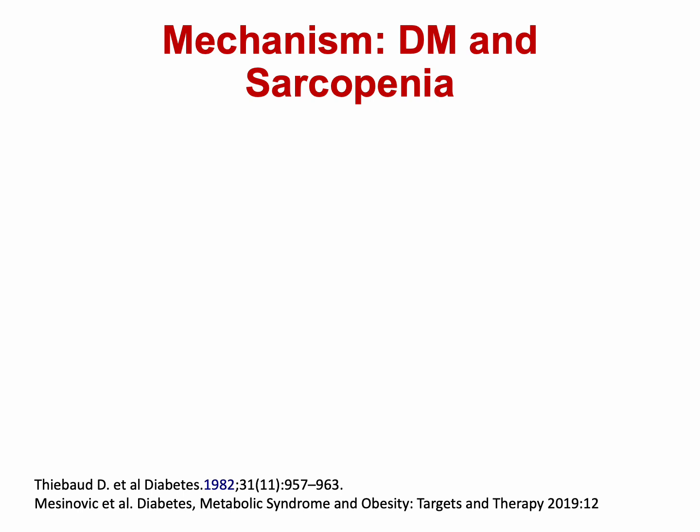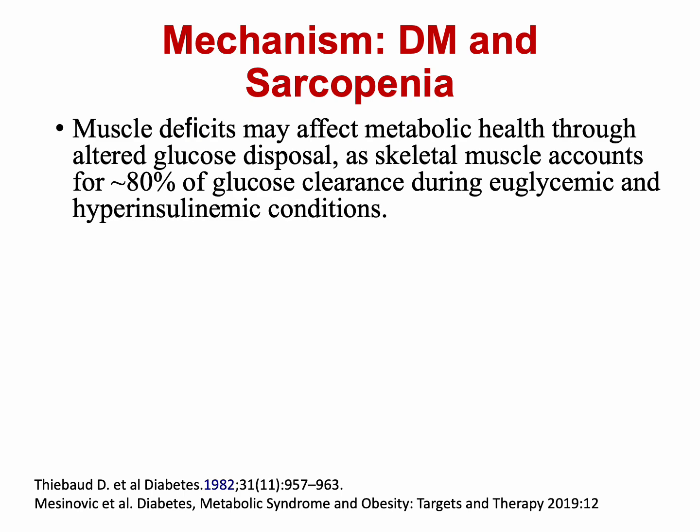Now let's go to the mechanism of diabetes and sarcopenia. So what are these mechanisms that lead to both sarcopenia and diabetes? Number one, muscle deficit may affect metabolic health through altered glucose disposal, as skeletal muscle accounts for approximately 80% of glucose clearance during euglycemia and hyperinsulinemic conditions.